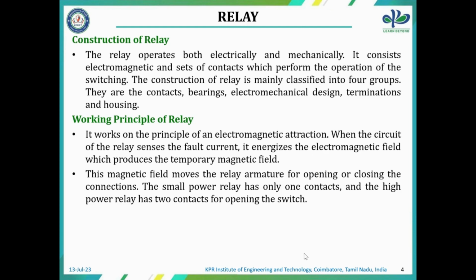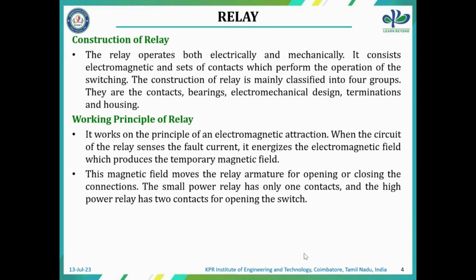Contacts are for making and breaking. The bearings, the coils or the design that we make for the electromechanical part, help the relay to operate. Then terminations and housing supply from the source to the load.